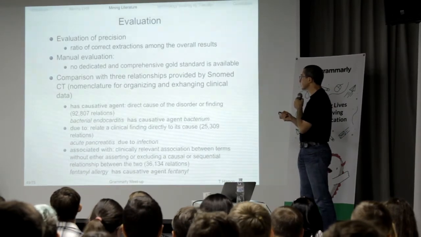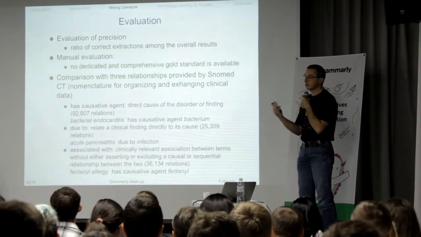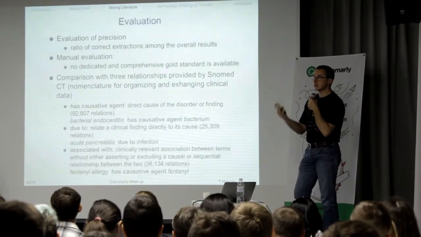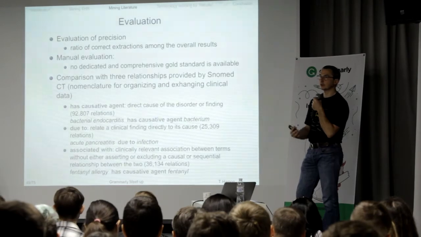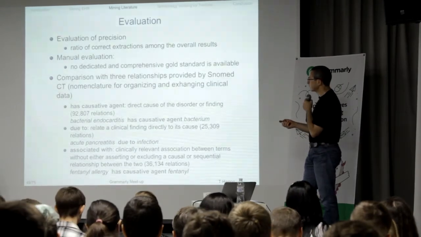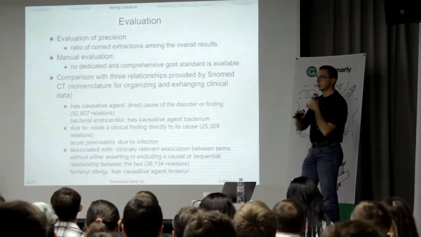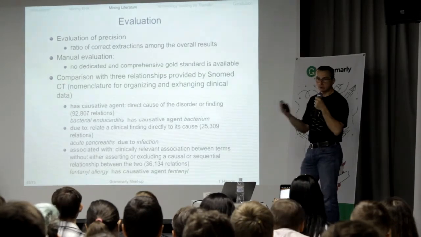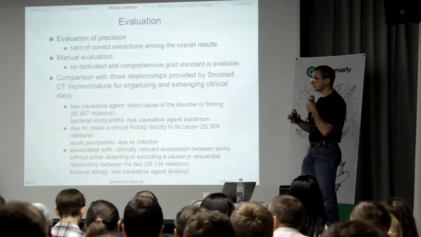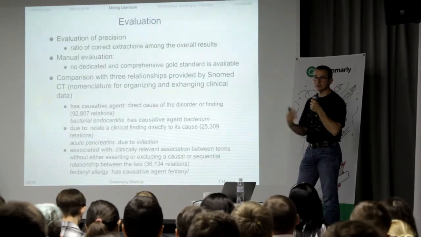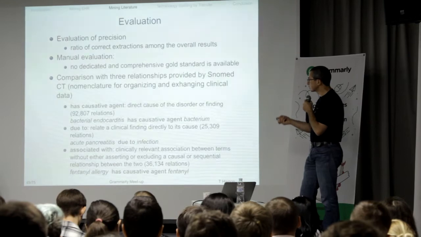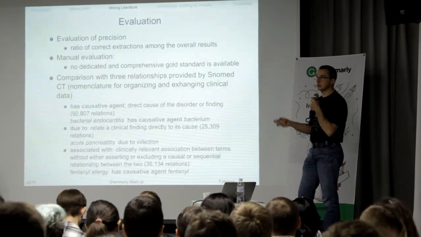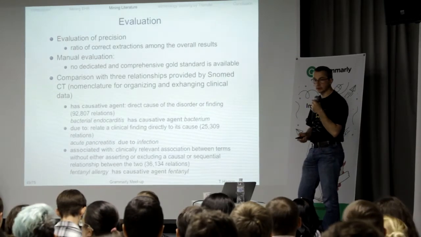These relations don't provide explicitly the information regarding the risk factors, but they provide some information which looks like risk factors. So we want to see if what we find from the text can also be coded in a different way in terminologies.